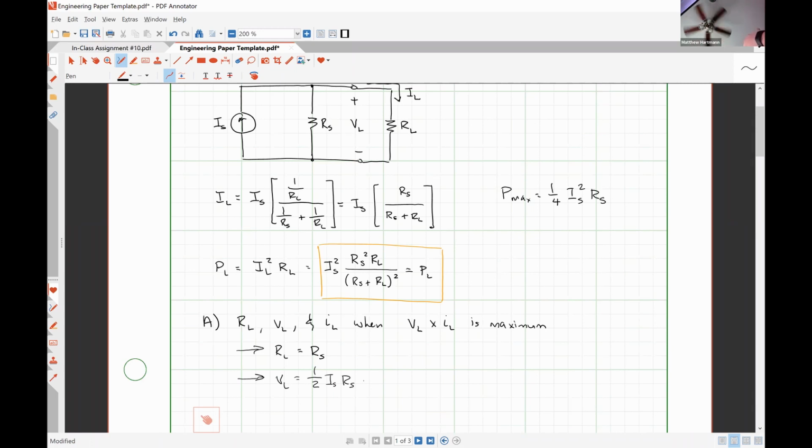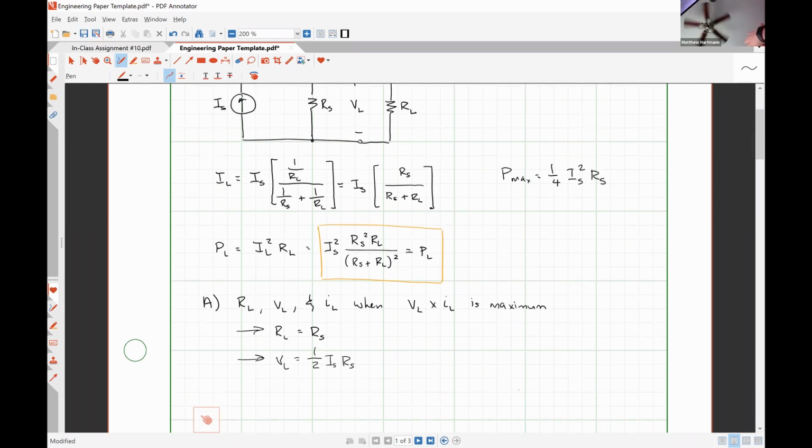So that's perfectly acceptable. Alrighty, and then you've actually already answered this question, but what value should IL have when RL is exactly equal to RS? One half IS.